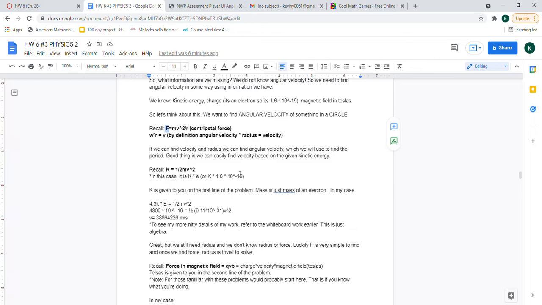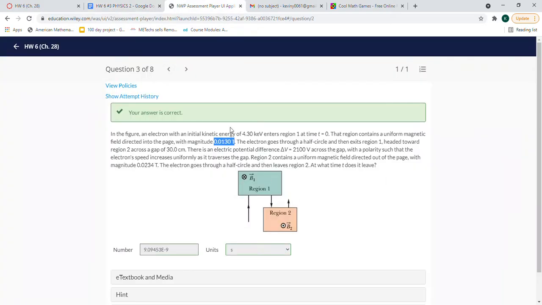So let's first try to find velocity. Do remember that kinetic energy equals 1/2 mv squared. We know what m is. It's just the mass of the electron. I think it is 9.11 times 10 to the negative 31. I'm not 100% sure, but it's probably it. Just go look it up. In this case, we're given KE. Note that it's KE, a voltage.